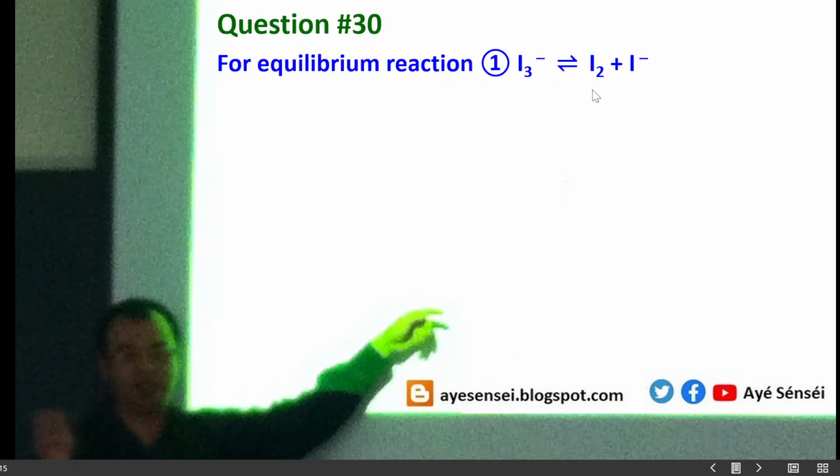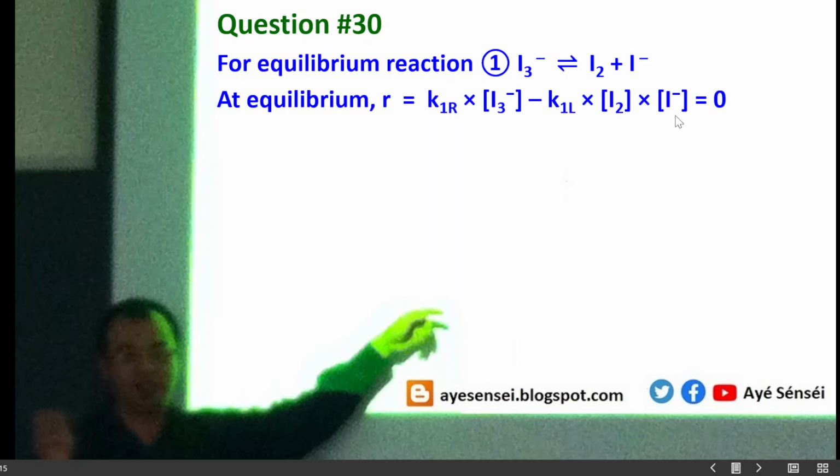So this is what we get. During equilibrium, the rate of the forward and reverse reactions are the same, which means that K1, the forward reaction, times I3 minus is equal to the rate of the reverse reaction.